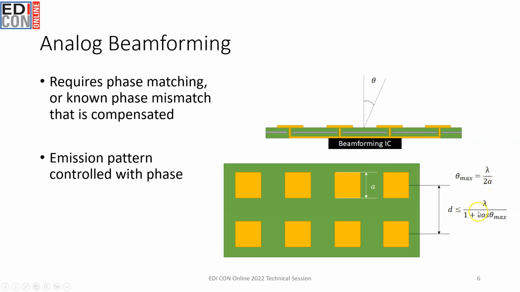The distance between the elements has to meet a certain condition in order to actually reach that theoretical maximum scanning angle. But the point here is that all of this can be controlled in terms of the broadcast angle by controlling the phase of all of the signals that are sent to these elements.